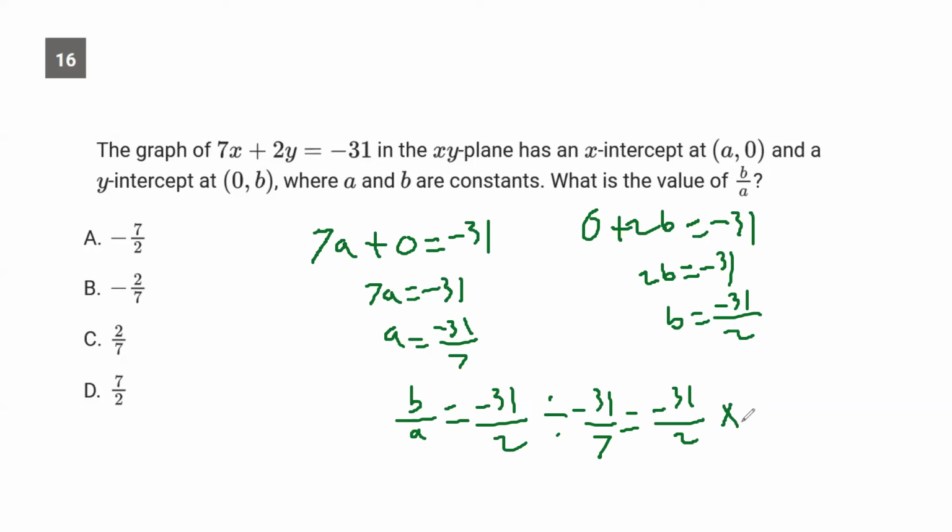You change the sign to a multiplication and you flip it, so it becomes 7 over negative 31. I put the negative on the 31, but that doesn't really matter. Now they cancel, so you get 7 over 2. And what is that one? That is D.